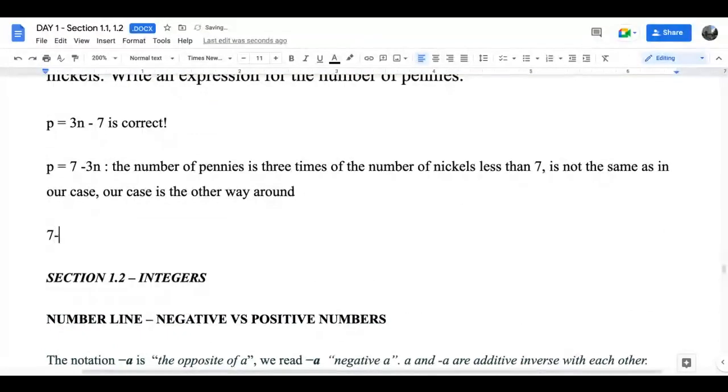So 7 minus 3n means 7 less 3n, okay? It doesn't have the word than.